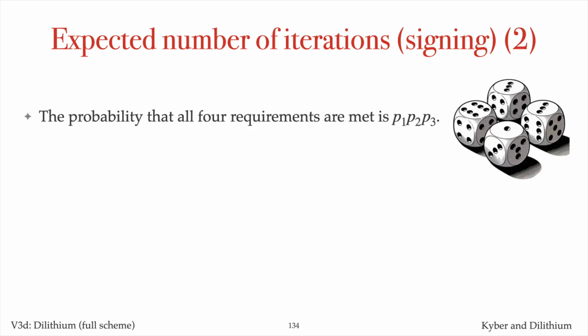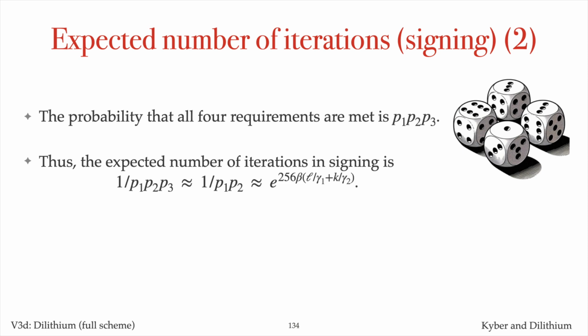Assuming that the four requirements are independent of each other, the probability that they are met is P1 times P2 times P3. Thus, the expected number of iterations in signature generation is 1 over P1 P2 P3, which is approximately 1 over P1 P2, since P3 is close to 1.